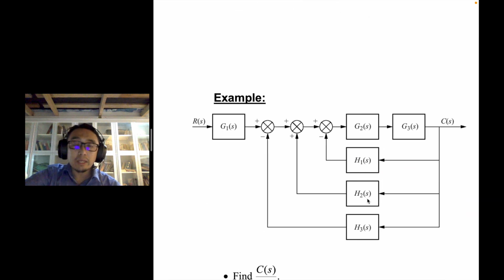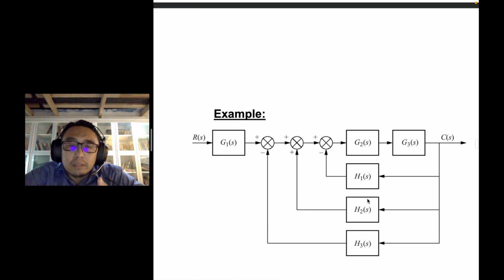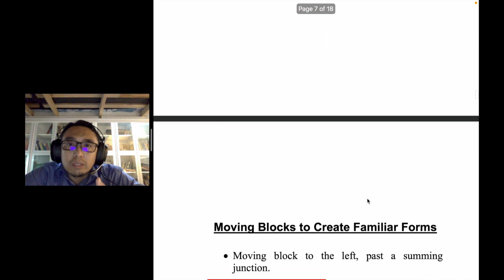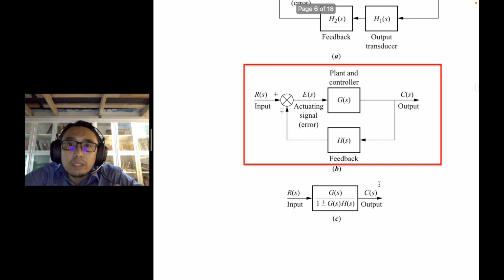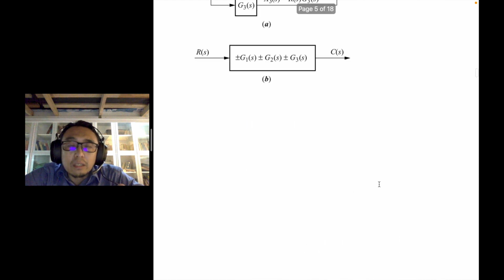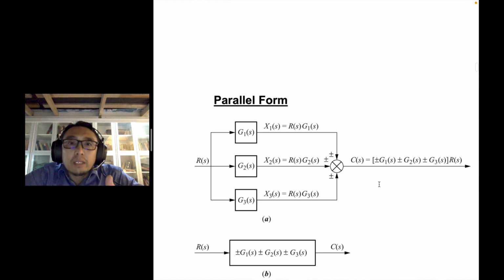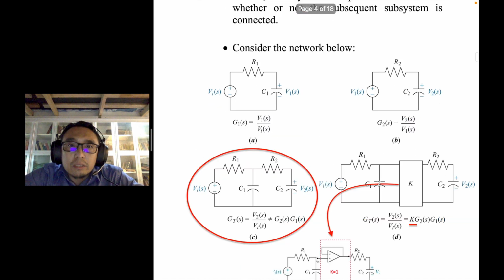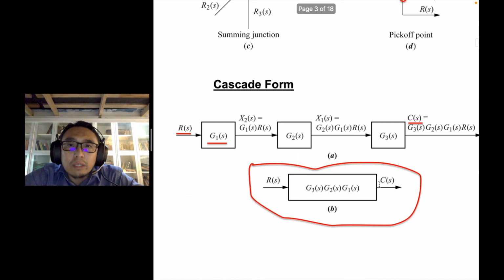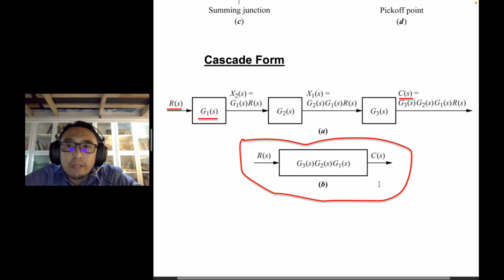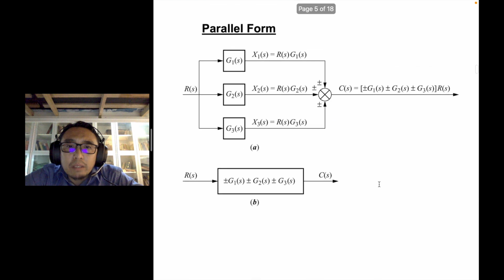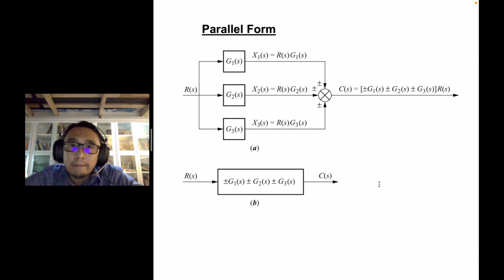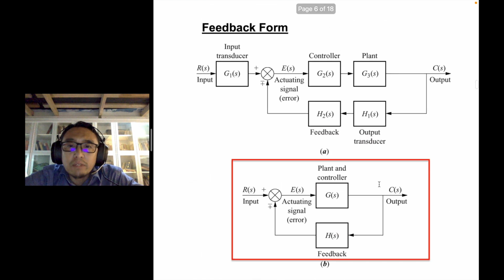So again, what I have shown you so far are the basic structures. We call them the familiar forms. The familiar forms consist of the cascade, the series one, assuming there's no loading effect, and then the parallel one, which is this one, and finally the feedback form.